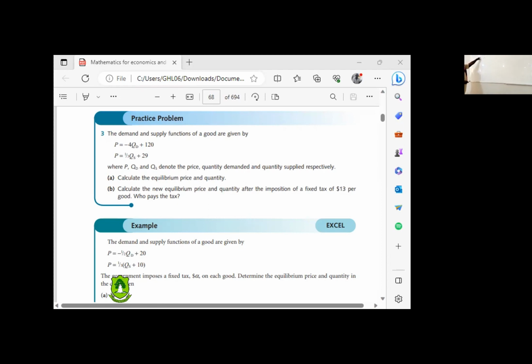Remember, with this one, we can easily also turn it to quantity demanded being a function of the rest. Remember, we were used to the other equation. So with this one, it could be 4QD is equal to 120 minus P. So which means that QD is equal to 30 minus 1 over 4 P. Is that not it? I'm just dividing here by 4, here by 4, here by 4 to do away with this one. So you will get this. Isn't this the same thing as the other one? Are you getting it?